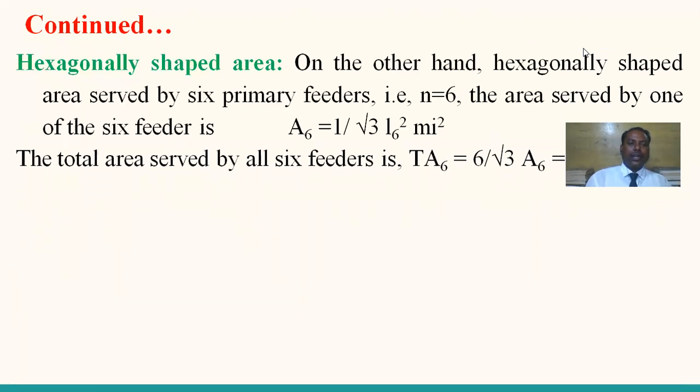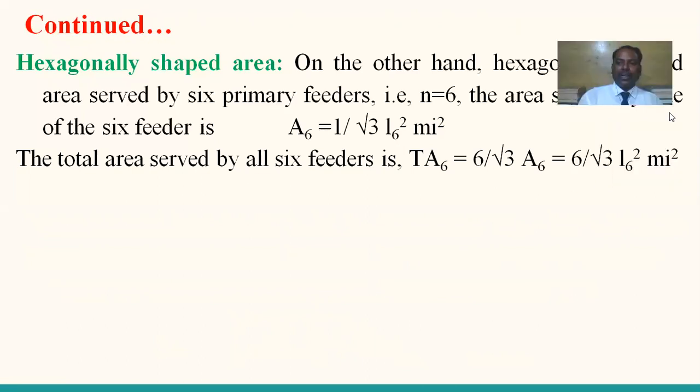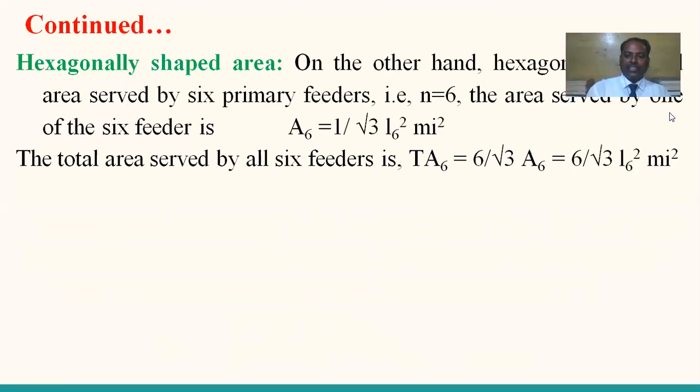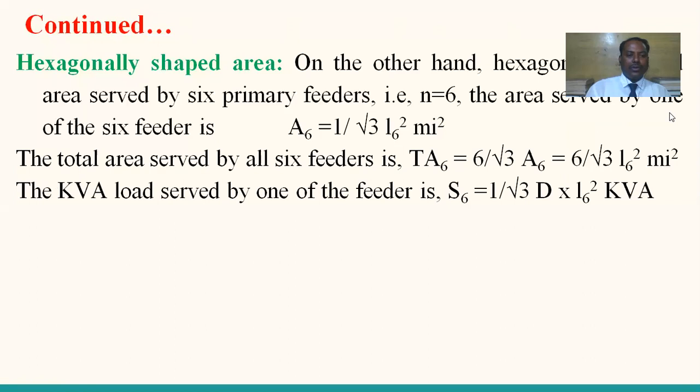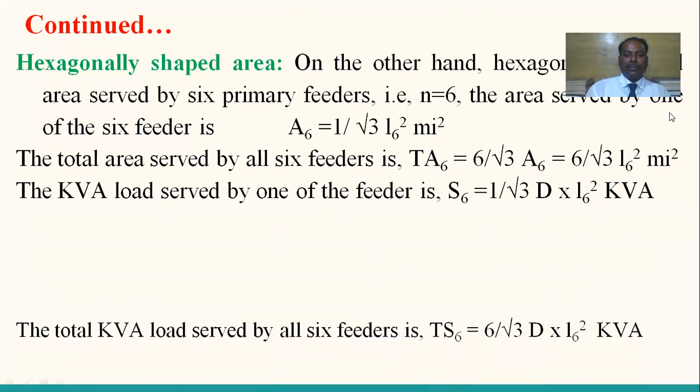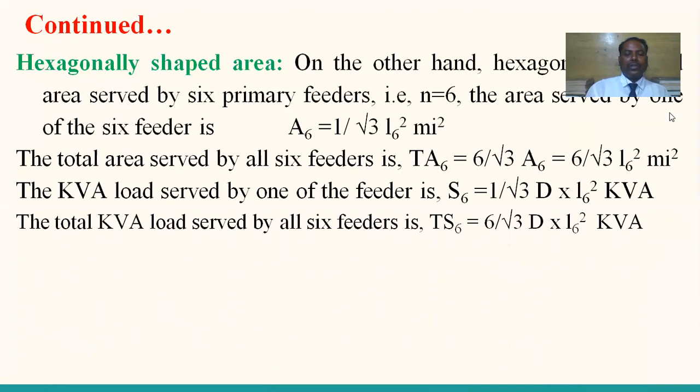The total area served by all 6 feeders: we already have one feeder, so that should be multiplied by 6, giving 6 by root 3 into L6 square miles squared. Similarly, the KVA load served by one of the 6 feeders, S6, is equal to 1 by root 3 D into L6 square KVA. That should be multiplied by 6, so that the total for all 6 feeders is calculated here.